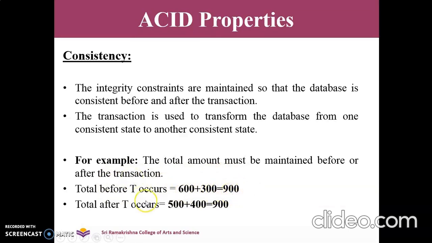After performing the transaction, account A has rupees 500 and account B contains rupees 400, so the total amount is still rupees 900. The total amount should not deviate before and after the transaction. No transaction should have any adverse, unfavorable, or undesirable effect on the data residing in our database. This is the consistency property.